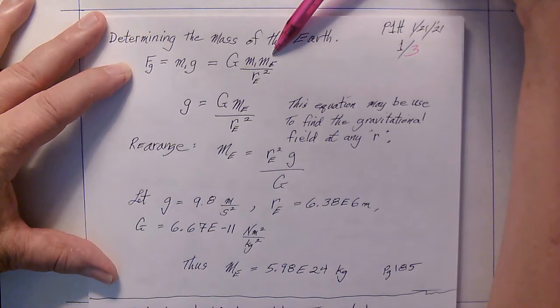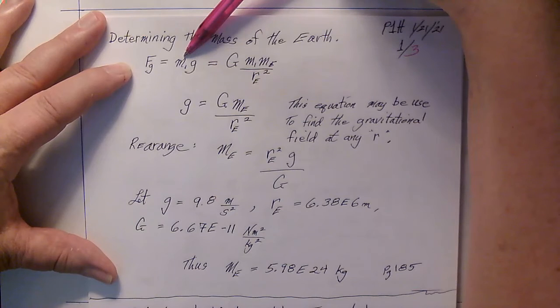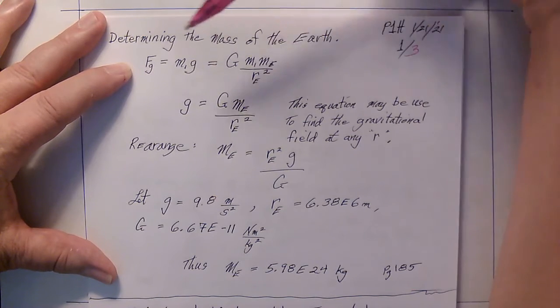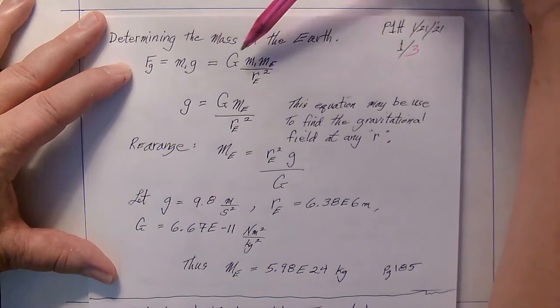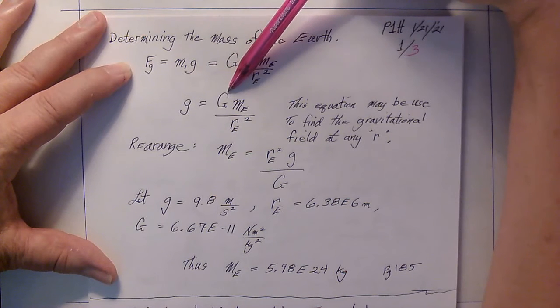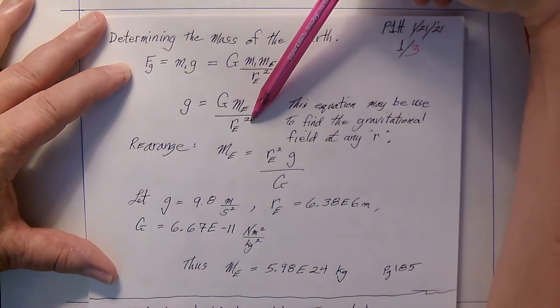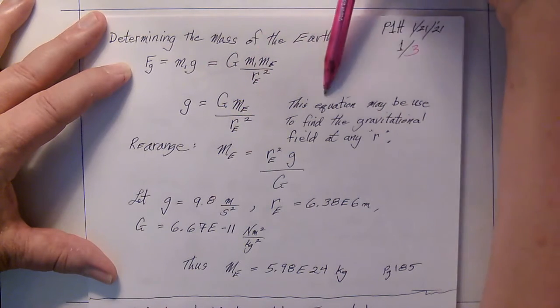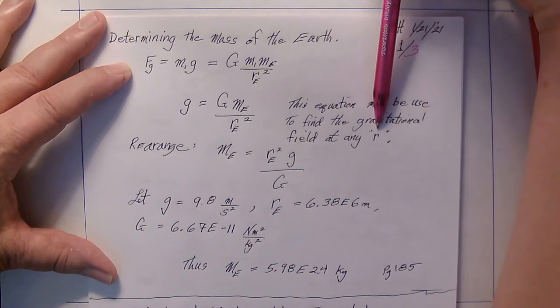Me is the mass of the Earth, re is the radius of the Earth to the surface, where m1 is stationary at this time. So we divide out m1, and we have g is equal to capital G me divided by re squared. Now this can be used to find the gravitational field at any distance r.